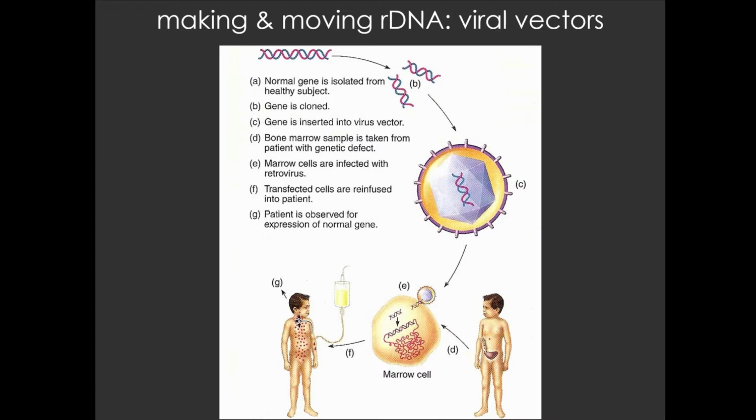Severe combined immunodeficiency syndrome is an autosomal recessive disease, which you'll remember from general biology means that it can be masked by the presence of the dominant gene.